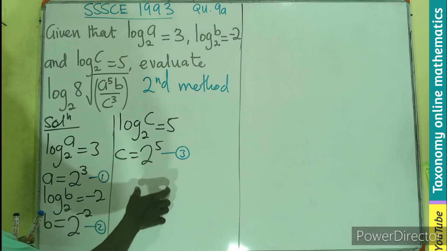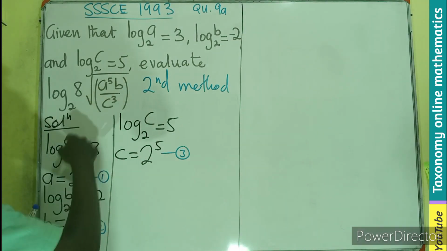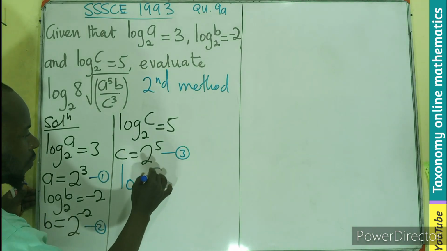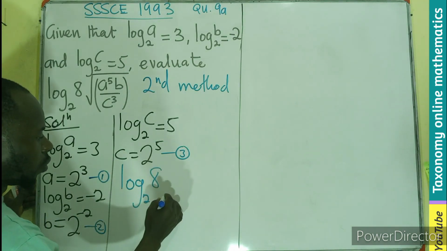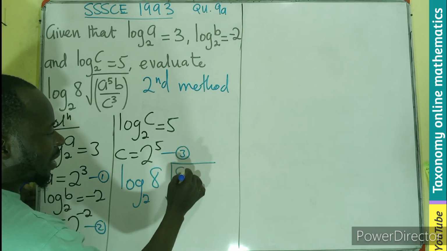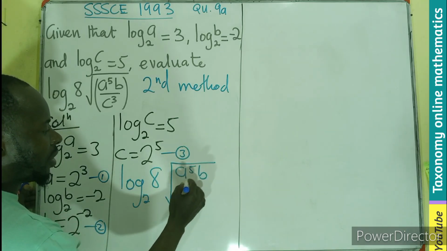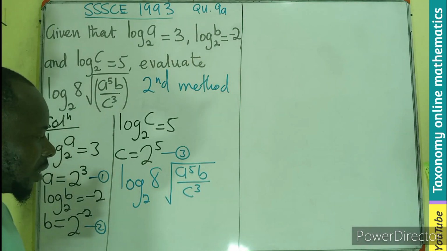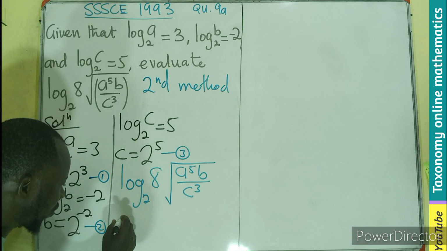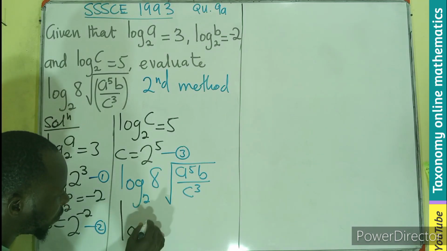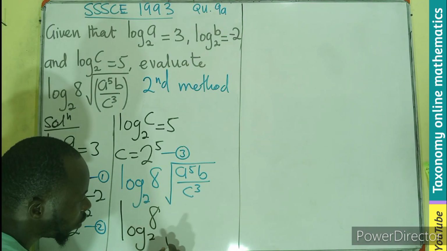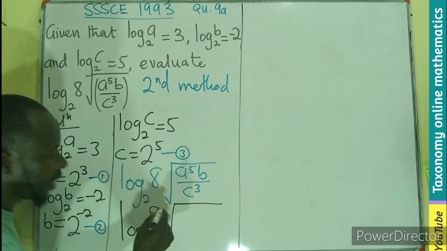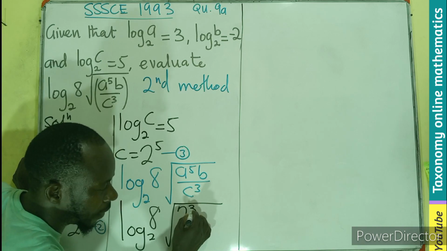So now we are going to substitute that in place of A, B and C. Taking this to be the log of 8 base 2 multiplying A exponent 5, B, C exponent 3, we can do substitution by just putting the values. The logarithm of 8 base 2: whenever I see A, I put in 2 exponent 3.